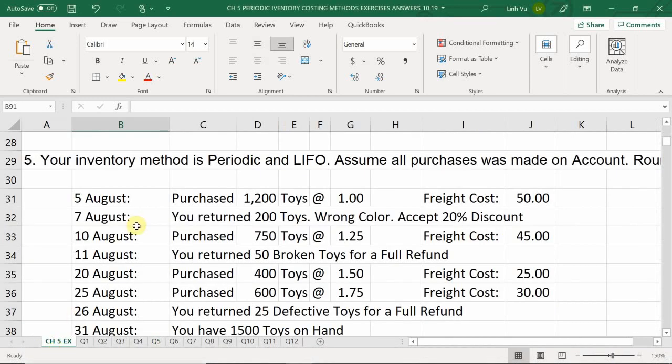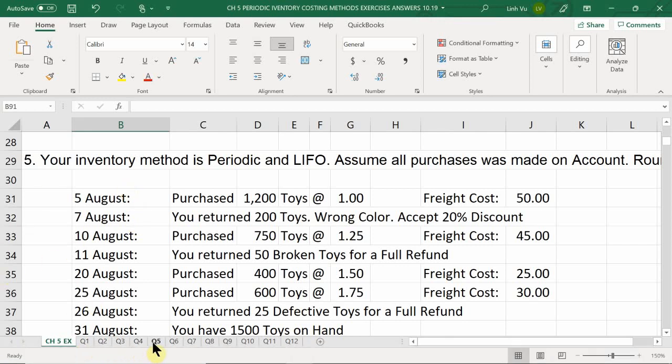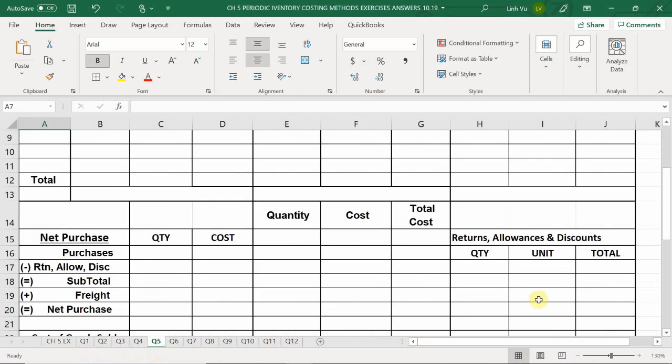So again, we returned 200 toys, they were the wrong color, and we are willing to accept a 20% discount, which is going to be $40.